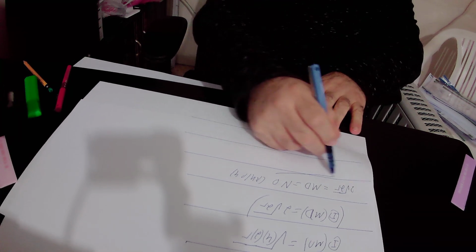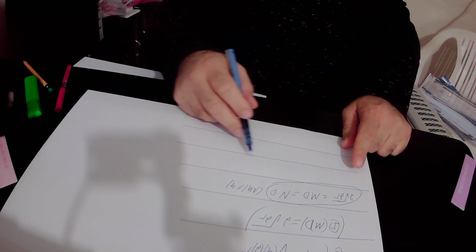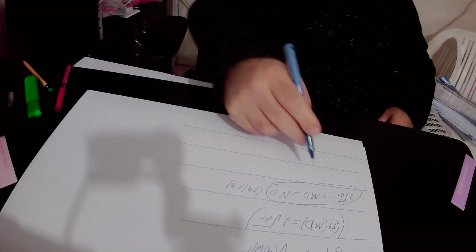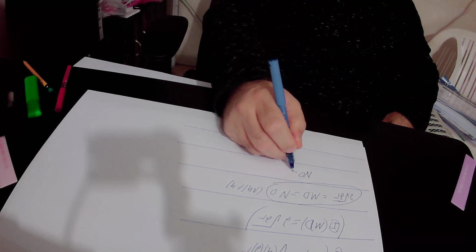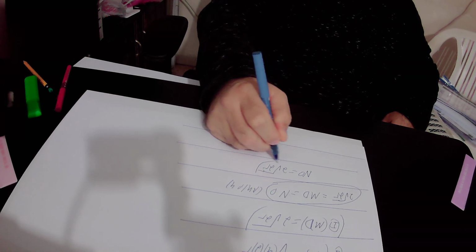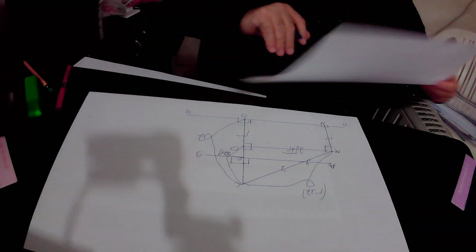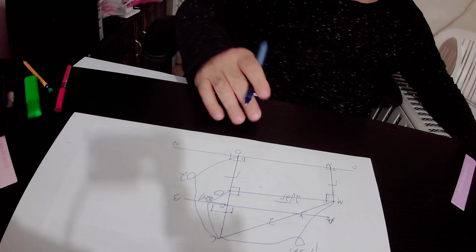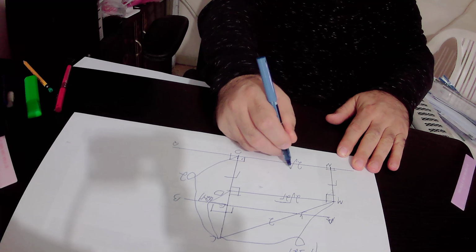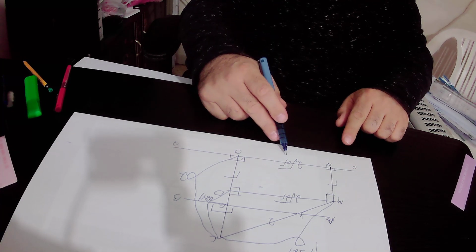So from this equality, we will conclude that NO also equals 2 times the square root of 2r. So we can write here that NO equals 2 times the square root of 2r.